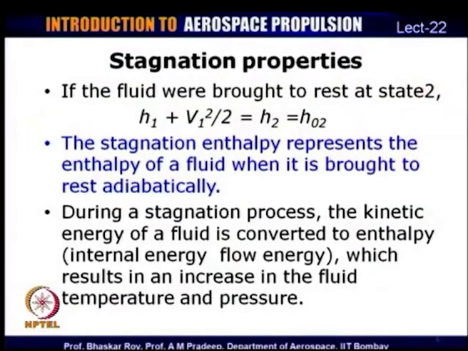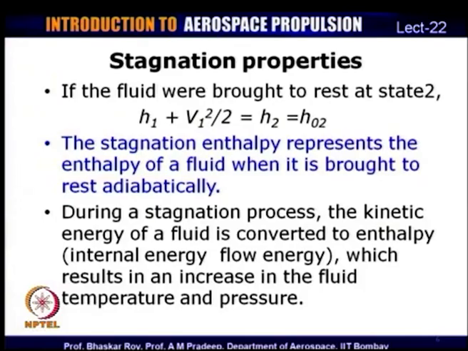So, what this means is that stagnation enthalpy also represents the case where the fluid velocity is isentropically or adiabatically brought to 0, brought to rest. So, at state 2, if you were to bring the fluid to rest, we have H1 plus V1 square by 2 is equal to H2, which is also equal to H02, which means that stagnation enthalpy represents enthalpy of a fluid when it is brought to rest adiabatically.